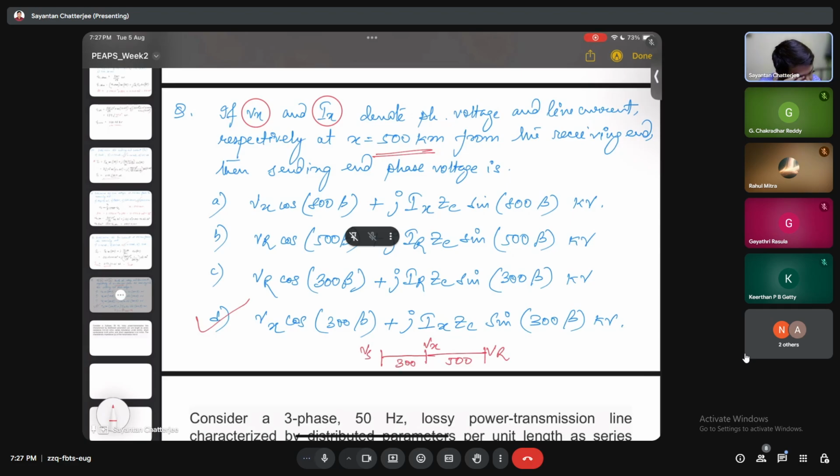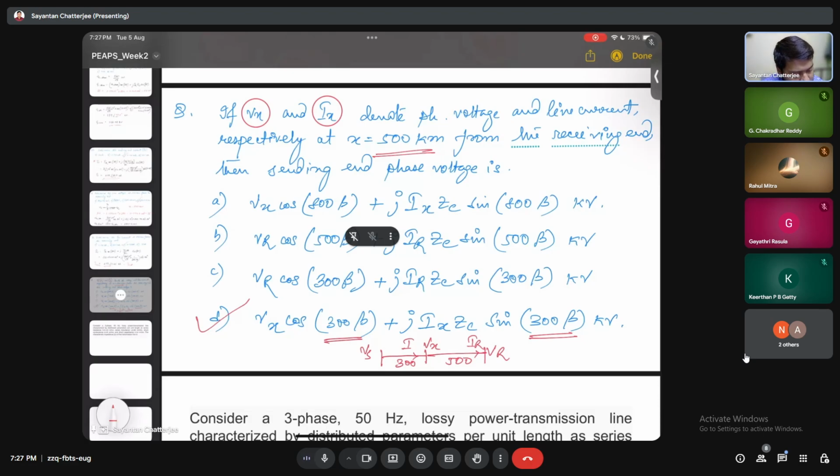If we express Vs in terms of Vx, it is 300 beta, and Ix ZC. The current at this point will be Ix. If it would have been IR, then the value would have been 800 beta.